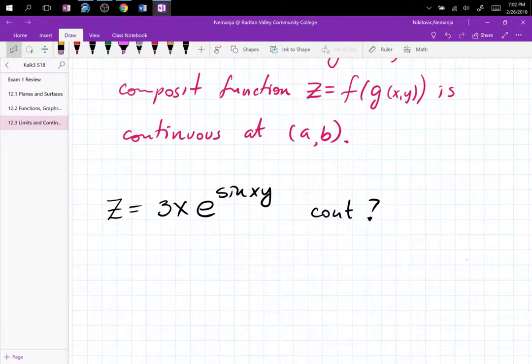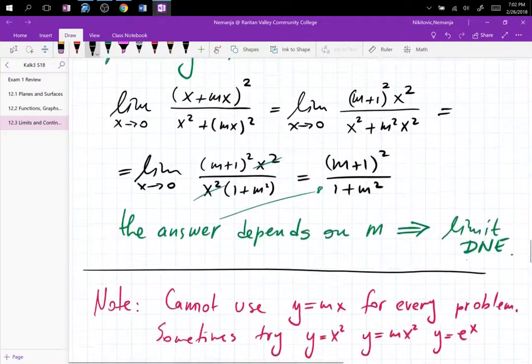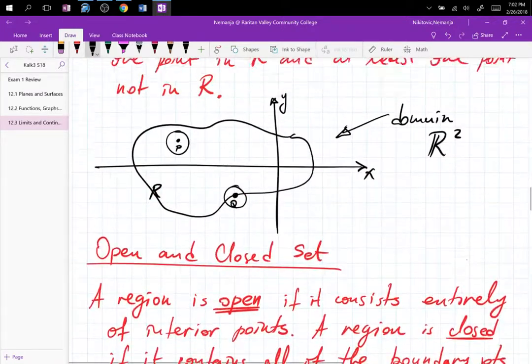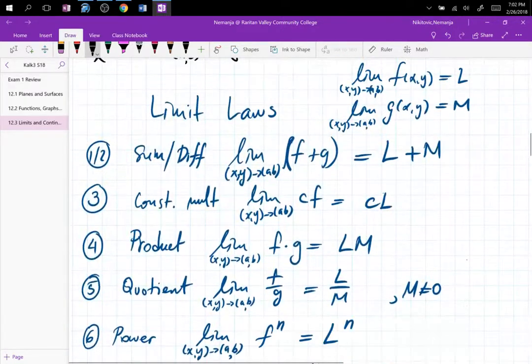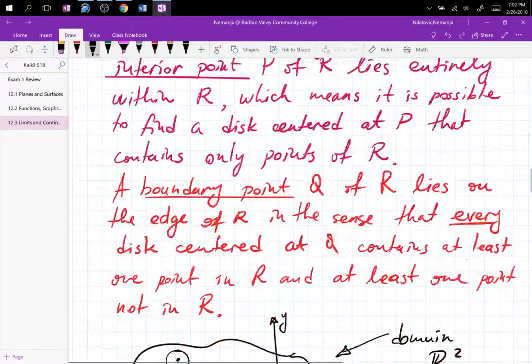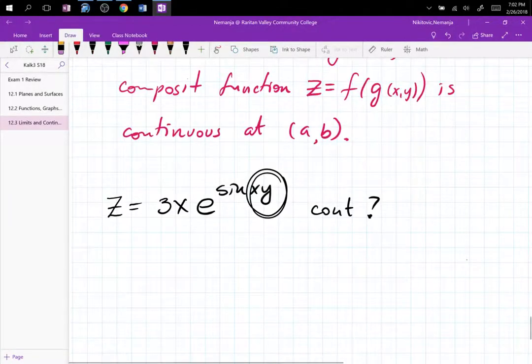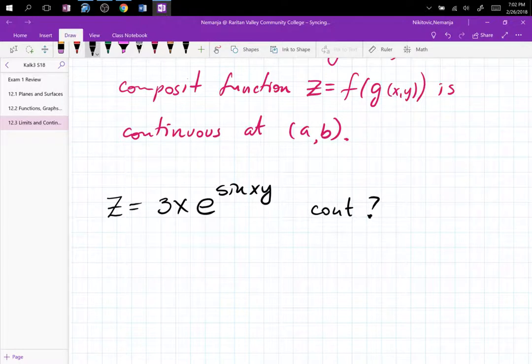We know that this is multiplication. x on its own is continuous, y on its own is continuous. When you multiply two continuous functions, you get a continuous function. That's the rule on our list of limit laws, the product of the two. So that's xy as a multiplication.